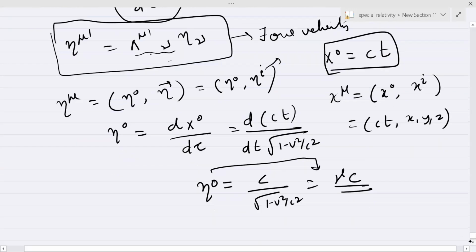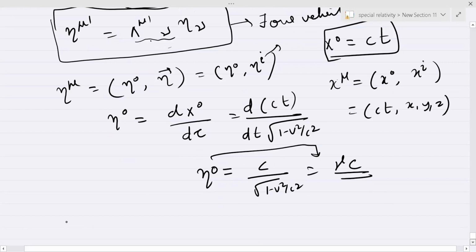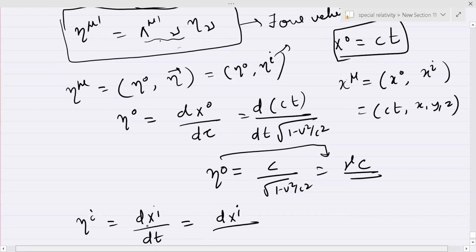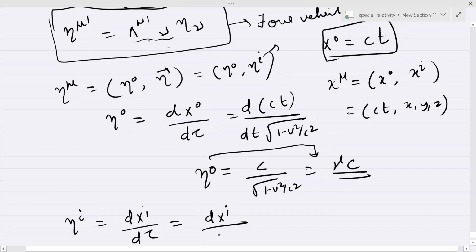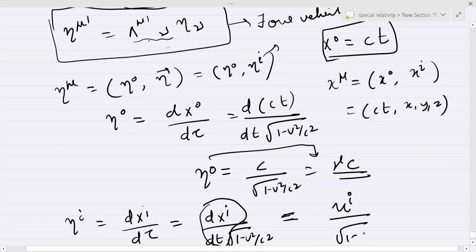Let's also look at the spatial part. Now η^i you can write as dx^i/dτ, which is dx^i divided by dt times the square root of 1 minus v²/c². But dx/dt is the usual 3-velocity. So this is equal to u^i, the usual normal velocity that we talk about, divided by the square root of 1 minus v²/c².